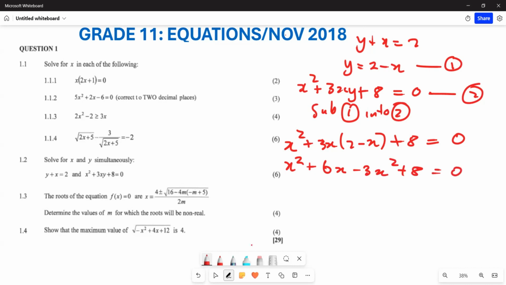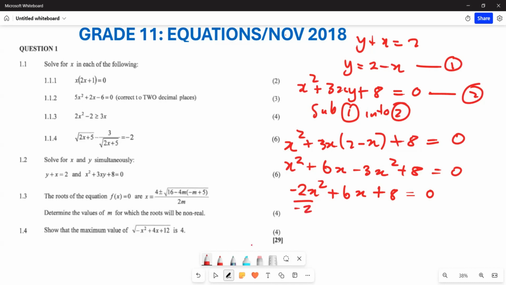Then you're going to group your like terms, right? When you say x squared subtract your 3x, what is it that you're going to have? This is same as negative 2x squared, right? Then now you're going to have plus your 6x plus your 8 is equals to 0. Now, what is it that you have here? Now, if you can look at this one, remember here you have factors of 2.